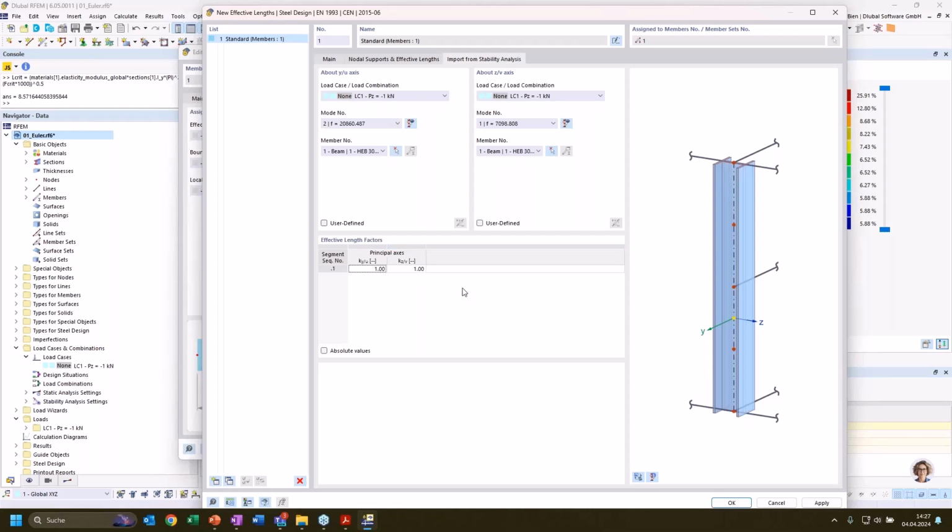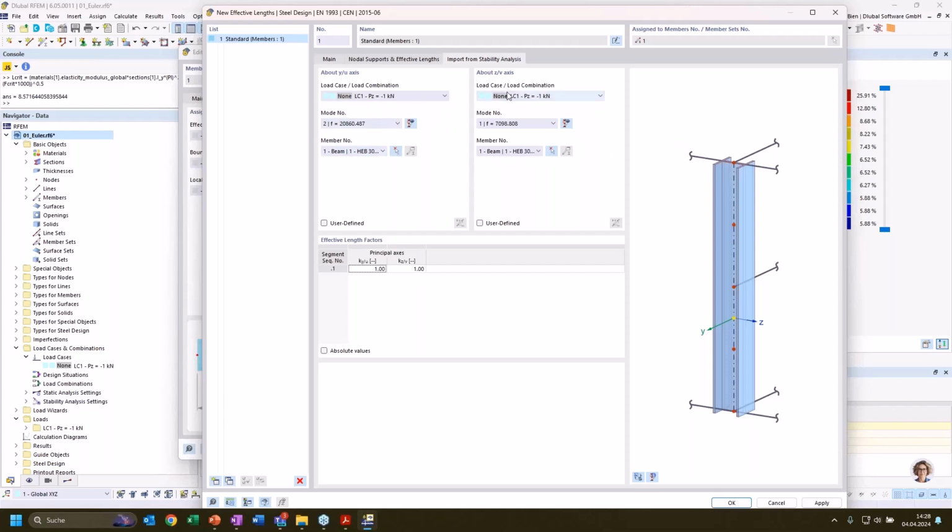Of course, we can do that for more complex systems as well. We just have to keep in mind that when we have a more complex system and we change something, the order of the mode shapes can also change. They are always sorted by the lowest eigenvalue, or the lowest critical load factor. So the mode shape with the lowest critical load factor is always mode number 1. If we change something in our system, this sorting can change.